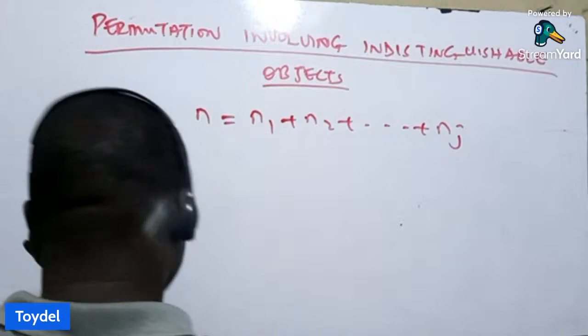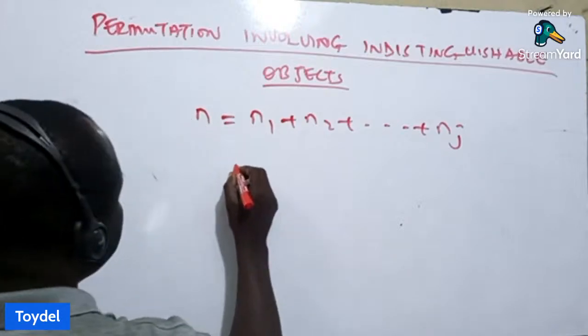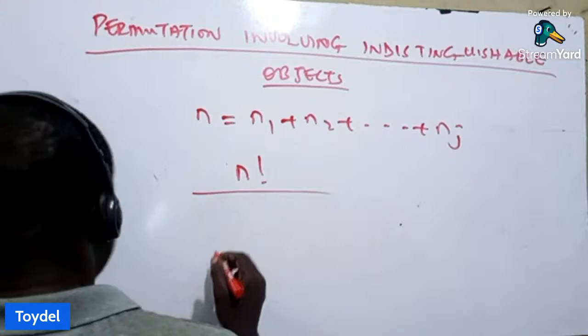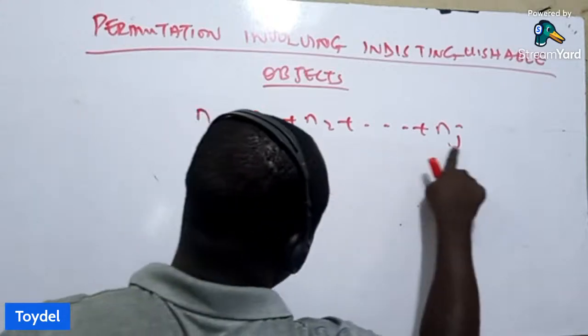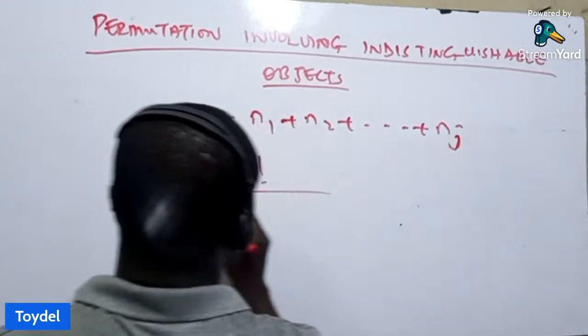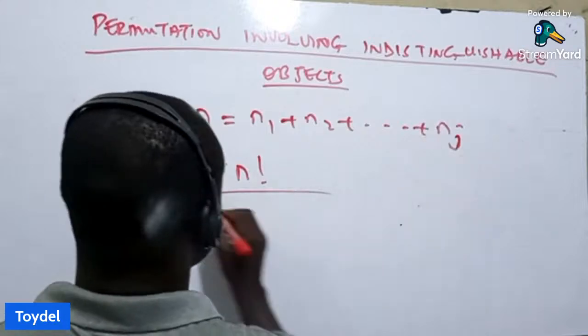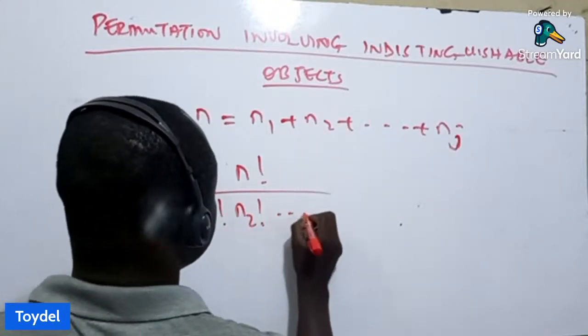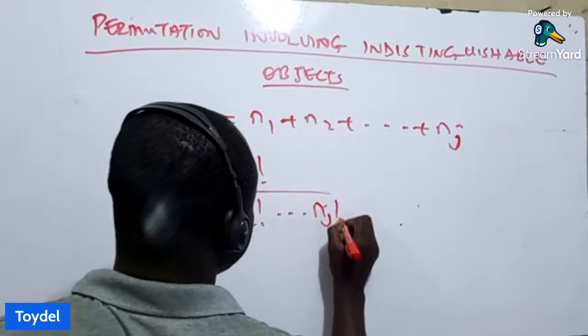So how do you find the permutation? The permutation will be n factorial all over n1 factorial, n2 factorial, dot dot dot up to nj factorial.